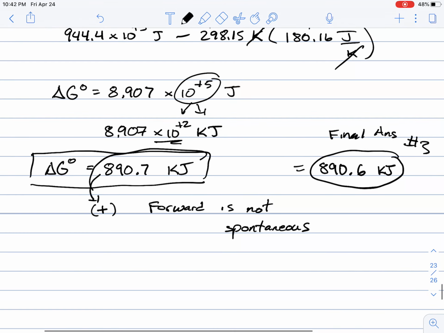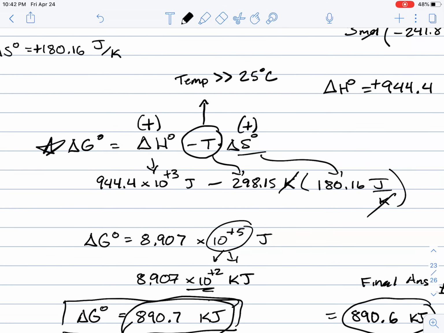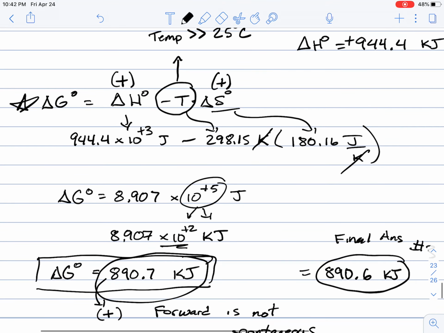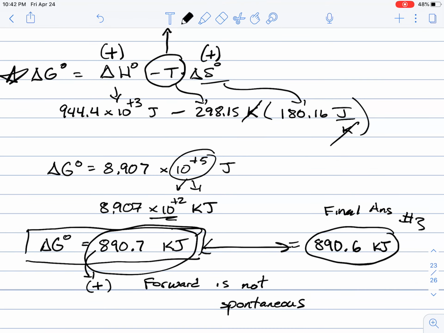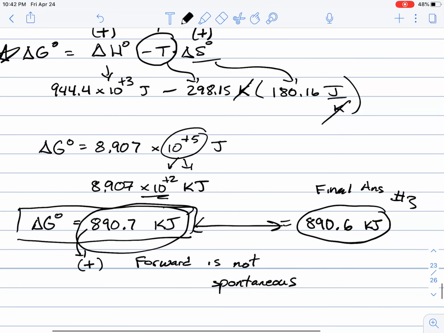Whereas this is the final answer for the technique in which we used delta H minus T delta S. If you look at them, they're not exactly the same, but they're very, very similar. The main point that I want to convey is that if you have the opportunity to apply whichever technique, I would definitely do the technique shown in number 3 versus number 2, just because it's a lot shorter and a lot faster.